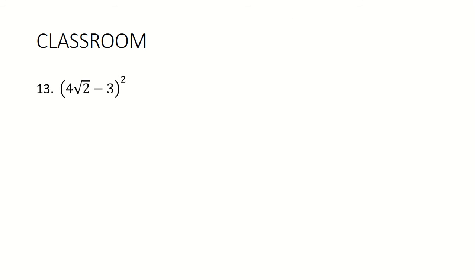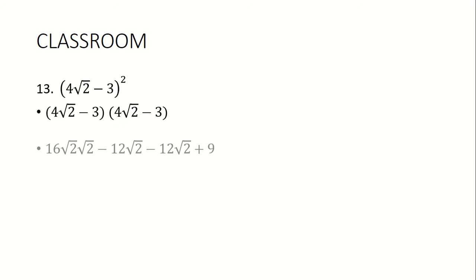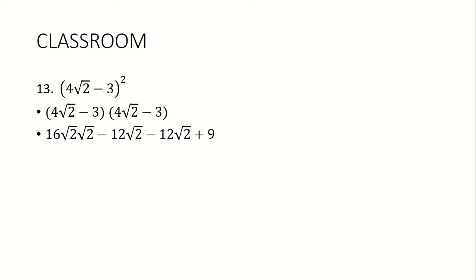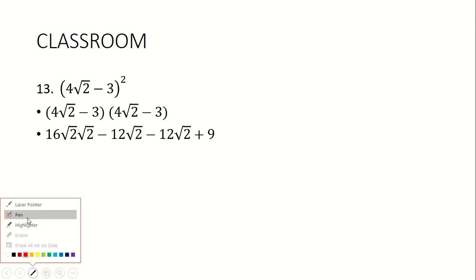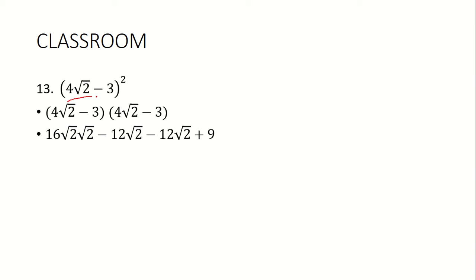Now here you're going to do the same thing that we did in the previous slide. You're going to repeat the brackets twice. If I multiply, I'm going to multiply like this.